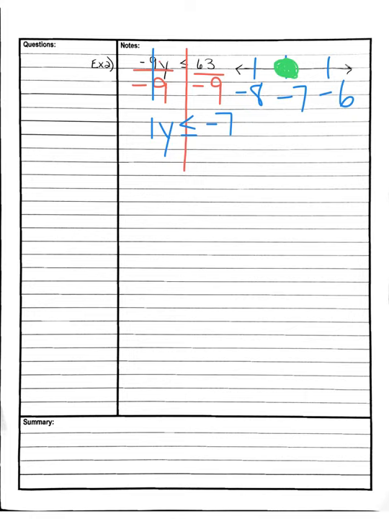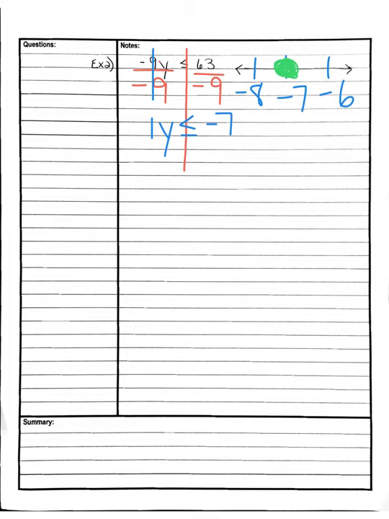I want to check this. I want you to see what happens. We think the numbers less than negative 7 are going to make this true. You're not writing this down. I'll tell you when. So if I look at my original problem, the numbers less than negative 7, let's pick negative 8.